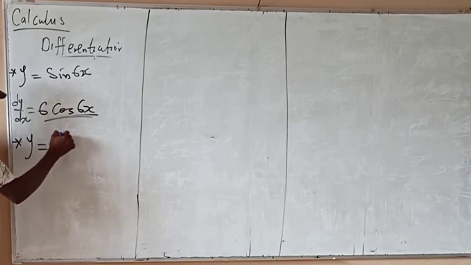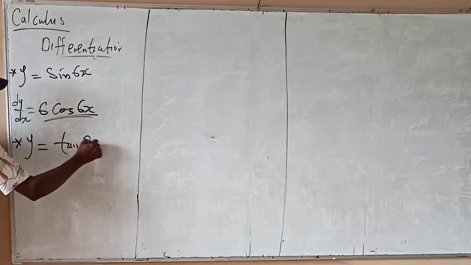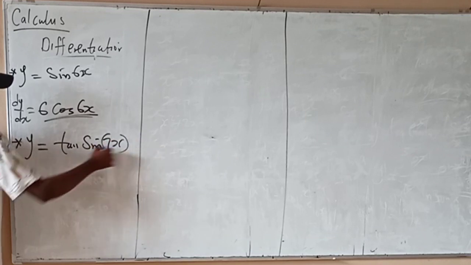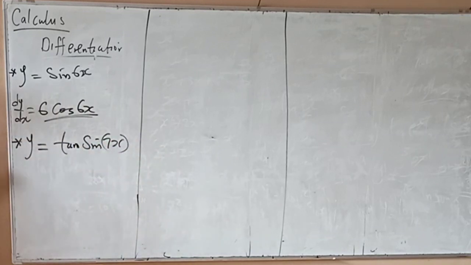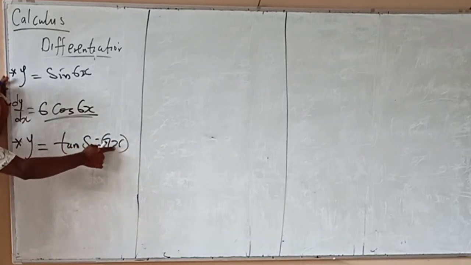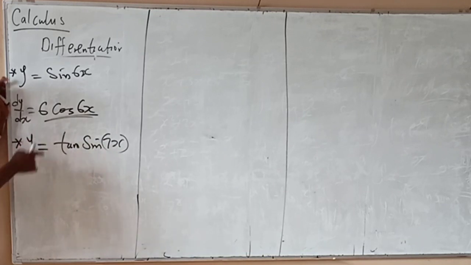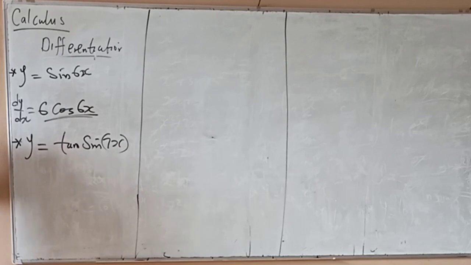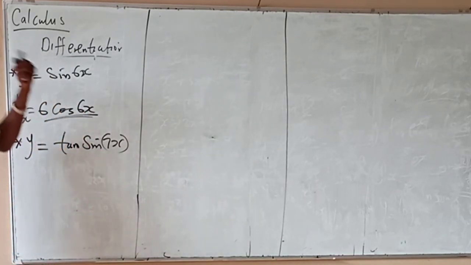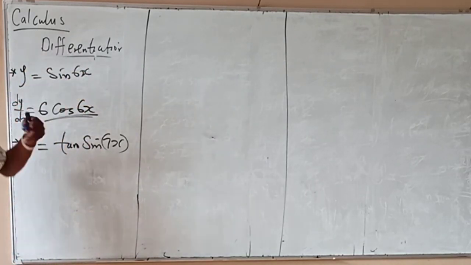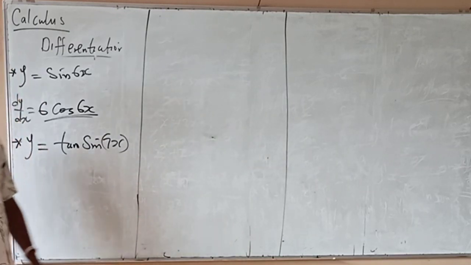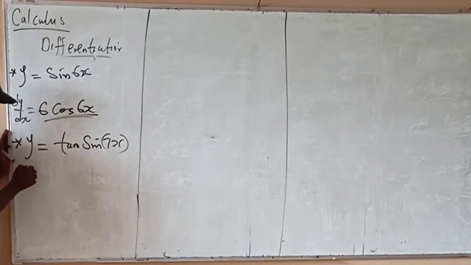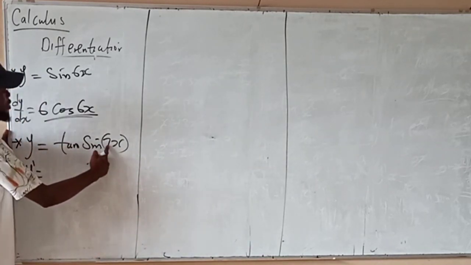Look at what I mean. If y is equals to tan sine 7x, this is a trig function because the first function is trig. The first function there determines the function we are talking about. But the last function is where we start from if the function is a trig function. So what is the last function here? 7x.